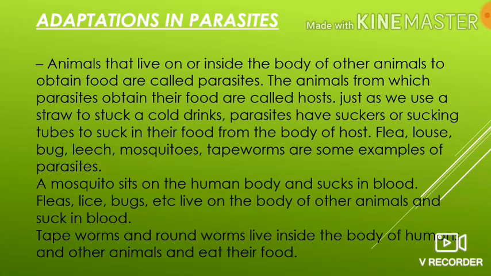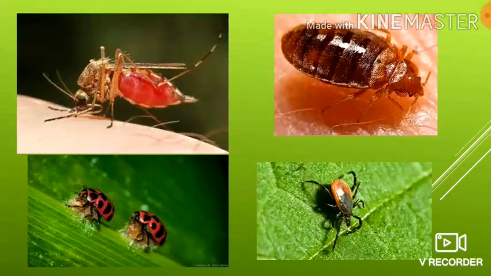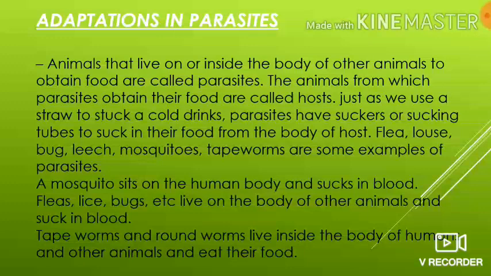Parasites have suckers or sucking tubes to suck in their food from the body of the host. Example: flea, louse, bug, leech, mosquito, tapeworm, roundworm, and liver fluke are some examples of parasites.